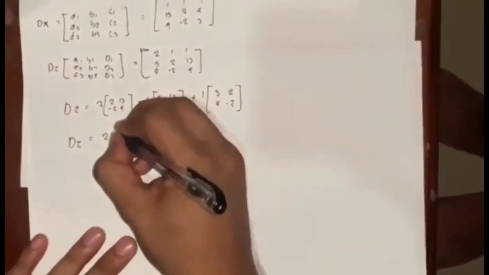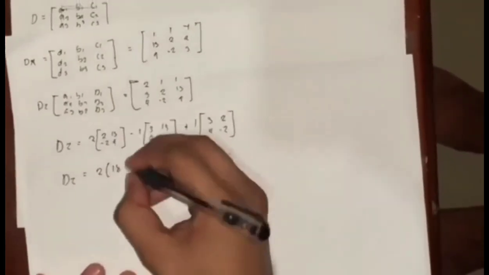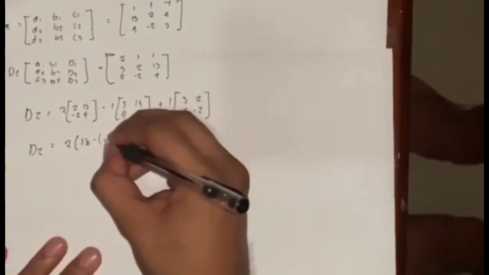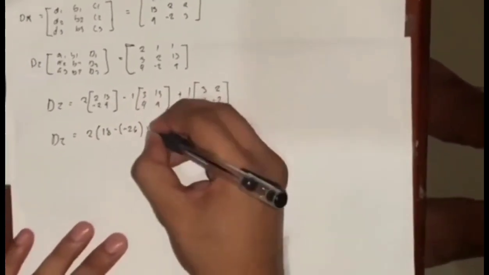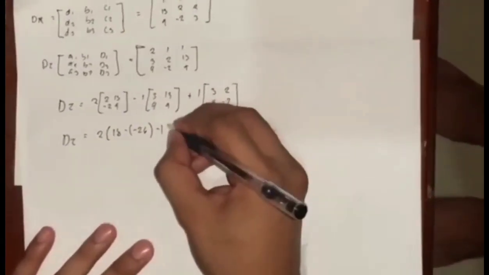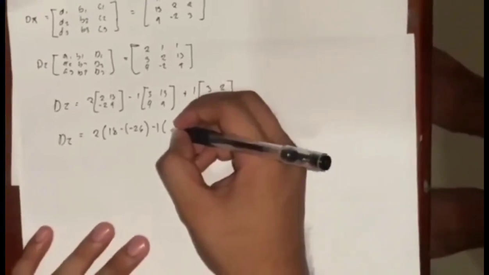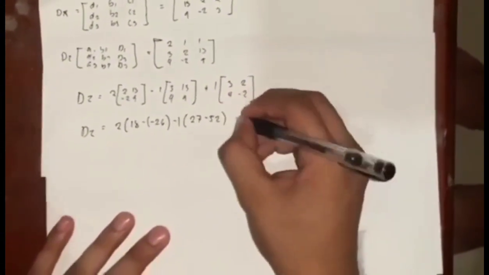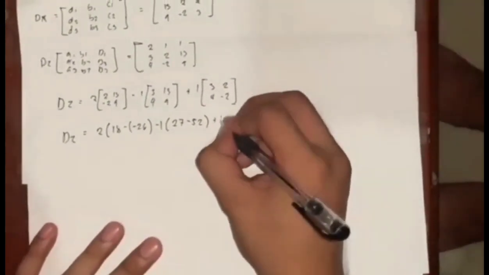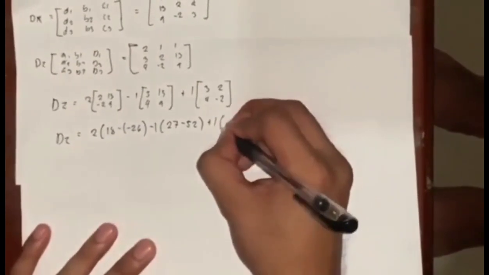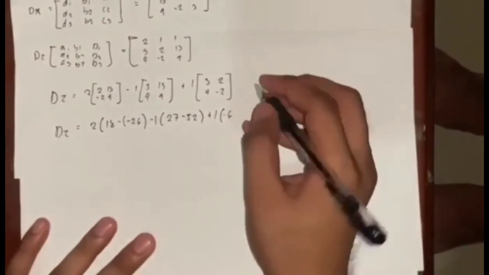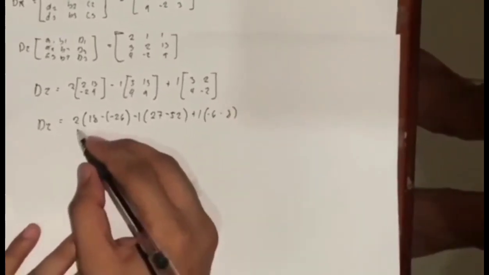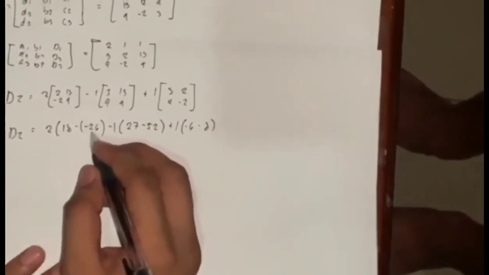dz is equal to 2 times 18, 2 times 9 is 18, minus 13 times negative 2, which is negative 26, minus 1 times 27 minus 52, plus 1 times 3 times negative 2 equals negative 6, and minus 2 times 4 equals 8.